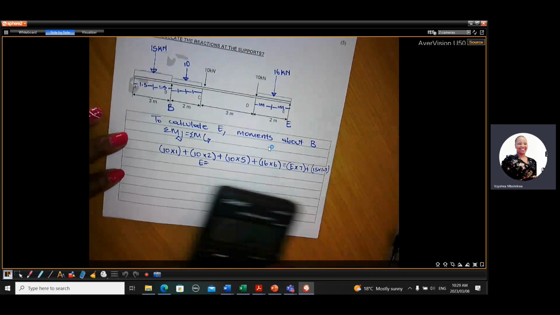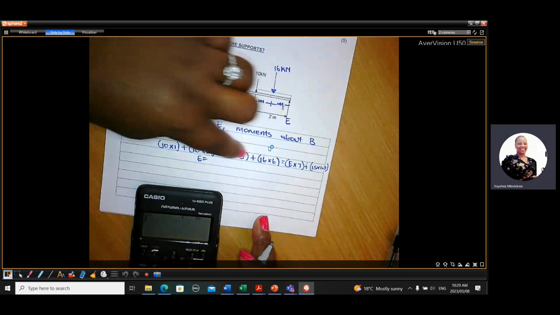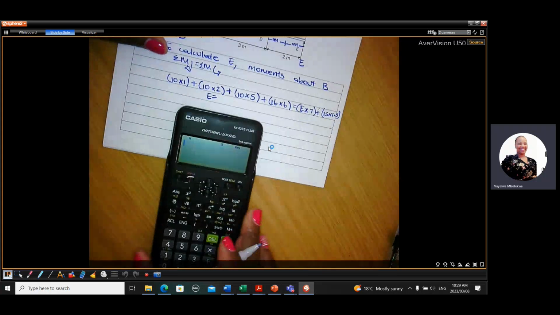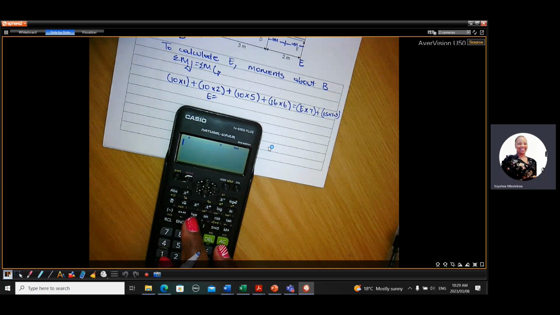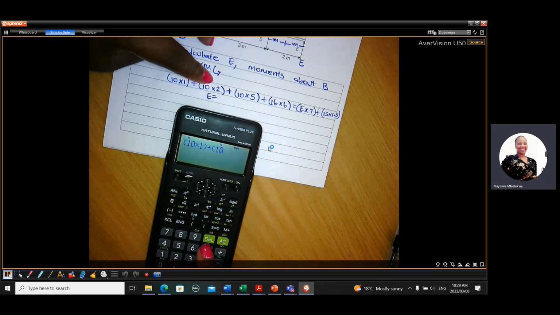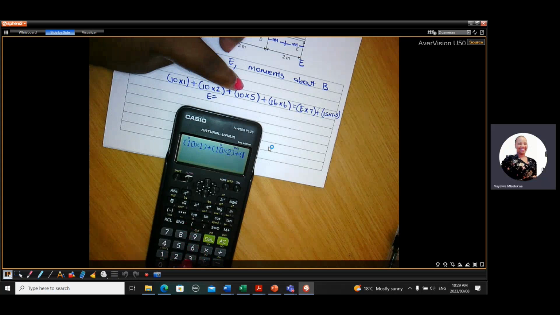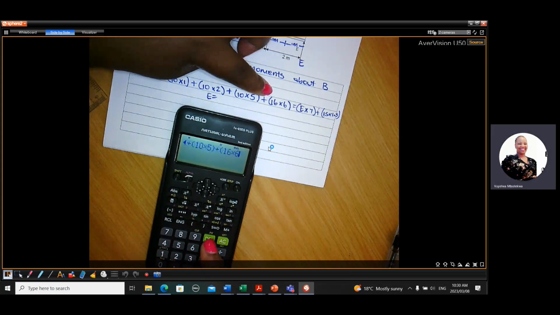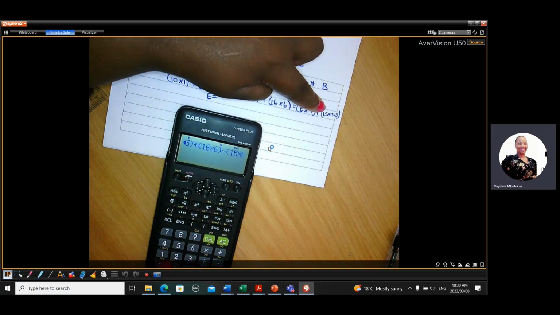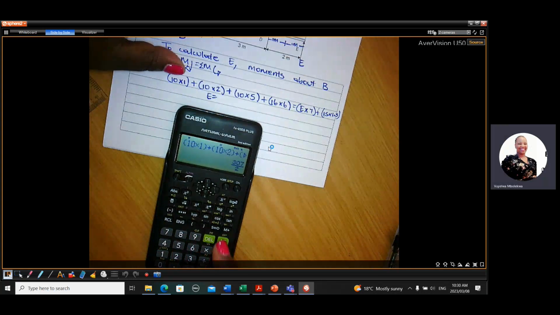Then we're gonna do the maths. Okay, let's do the maths. So we multiply and add out everything here and subtract that one and divide by 7. So let's see. It's 10 times 1 plus 10 times 2 plus 10 times 5 plus 16 times 6 minus 15 times 1.5, all that divided by 7.